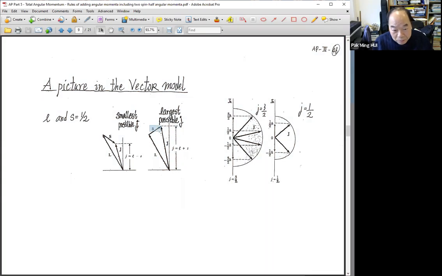The spin could point in the other way. Remember, spin half means a cone up there, that is this direction up there. There's another cone going down, okay? So it is this case, and that will give us the shorter J situation.